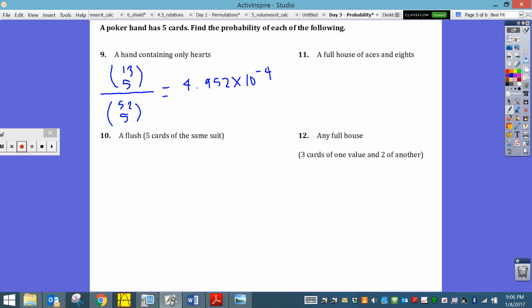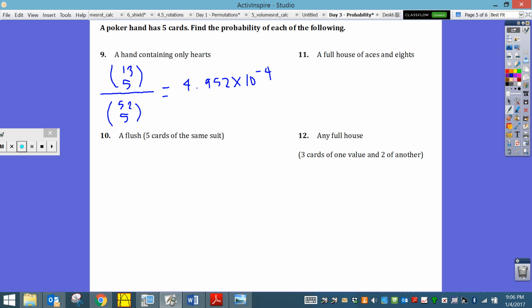Okay, a full house of aces and 8s. A full house is when I have 3 of one card, so let's say I have 3 2s, and then 2 of another specific card. So I have 3 2s and 2 5s. That would be a full house.